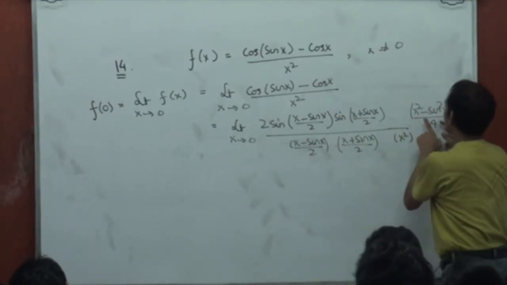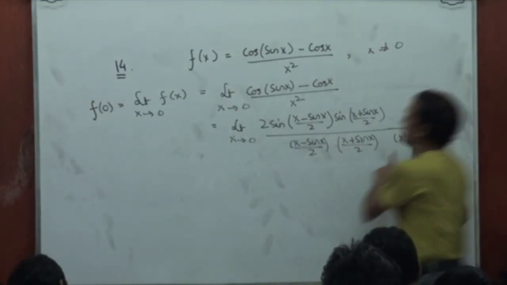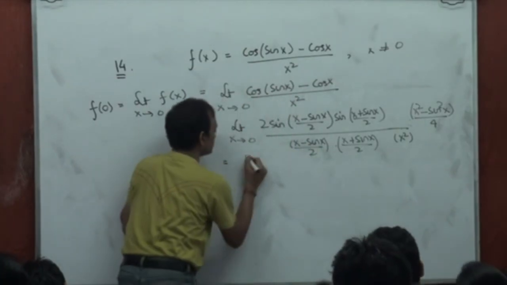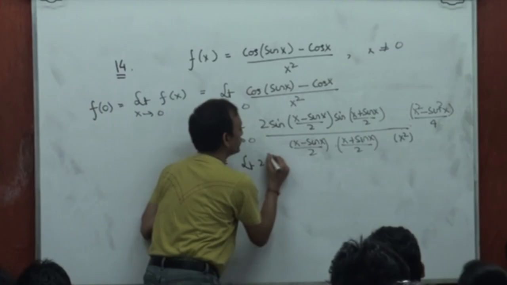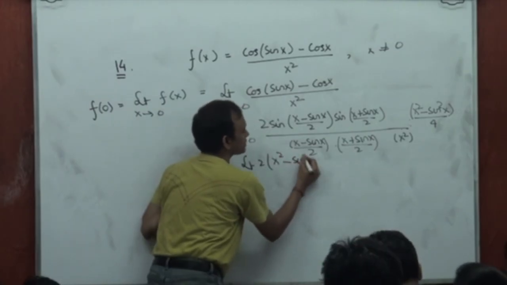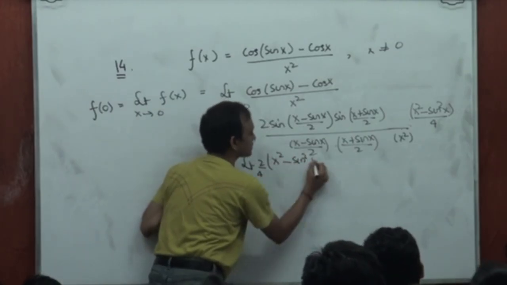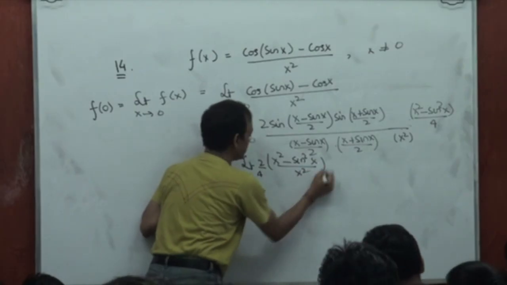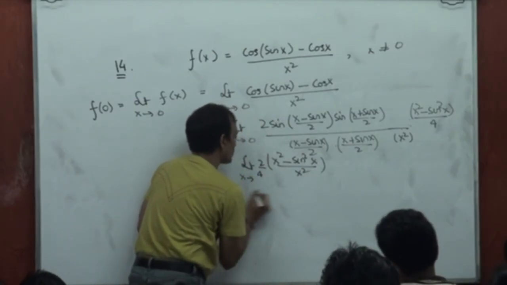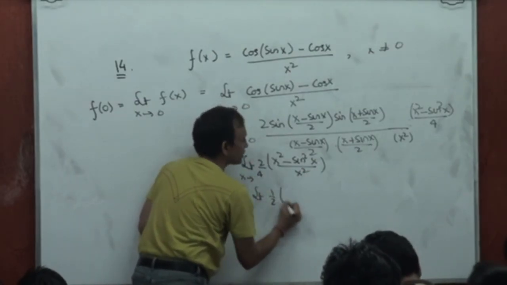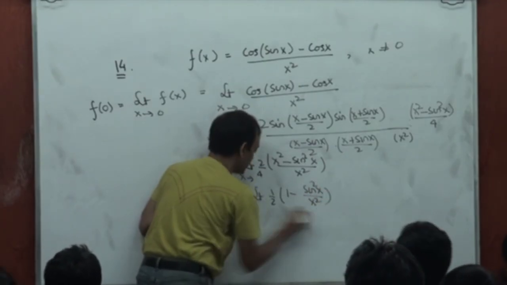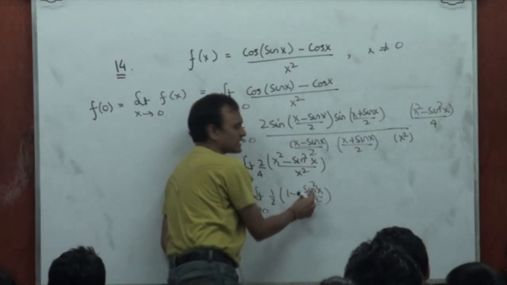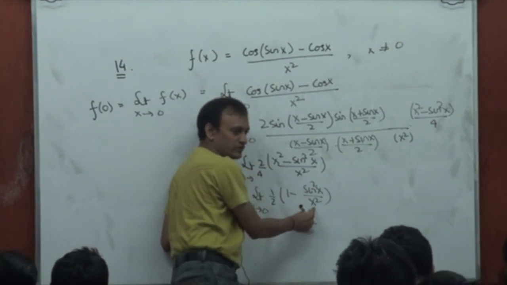And then realize that (x squared minus sine squared x) by x squared, this will be 1, etc. We have like 2 into (x squared minus sine squared x) by x squared as x tends to 0. That's limit half (1 minus sine squared x by x squared) as x tends to 0. As x tends to 0, sine squared x by x squared would tend to 1.